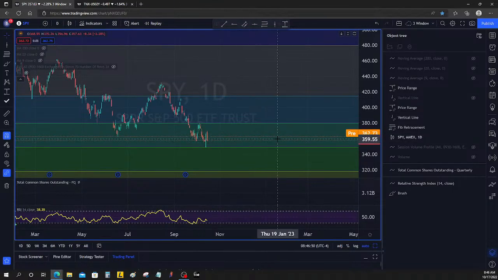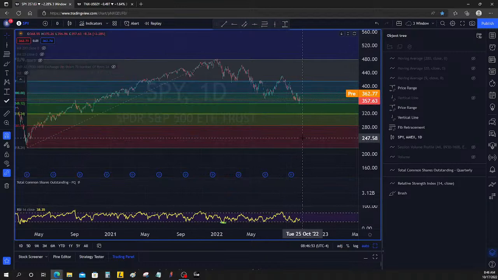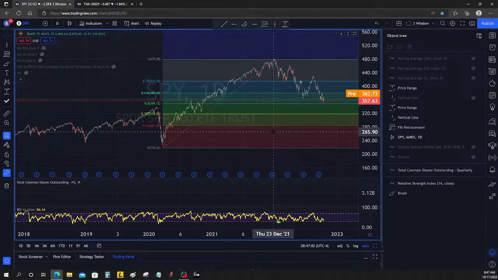Now, Fibonacci retracements aside, there's just so much that affects the market, but some things just aren't coincidence. It just doesn't happen that way.